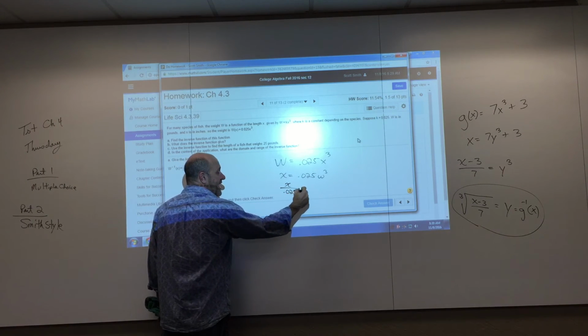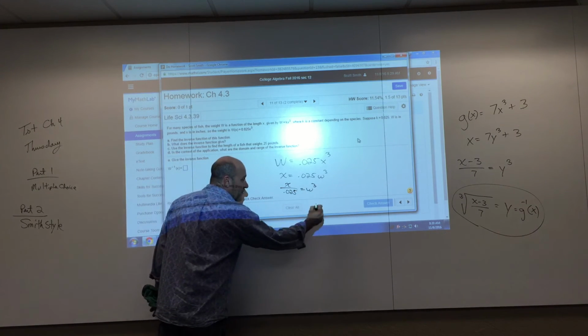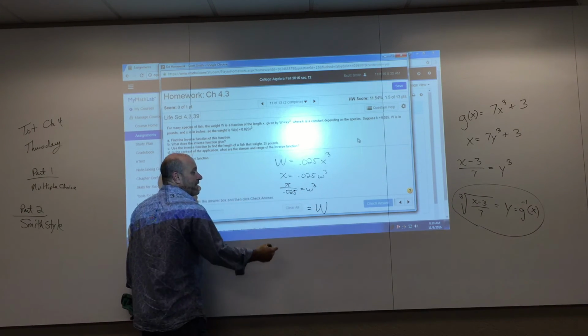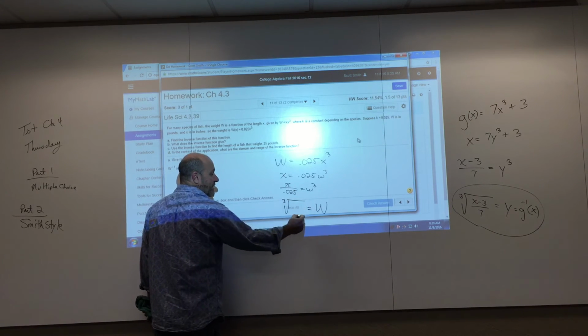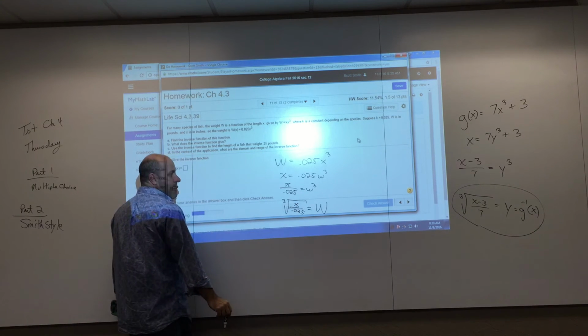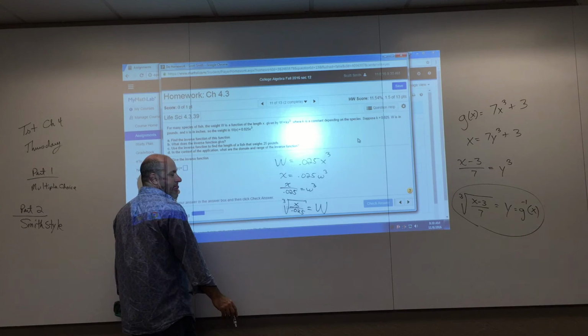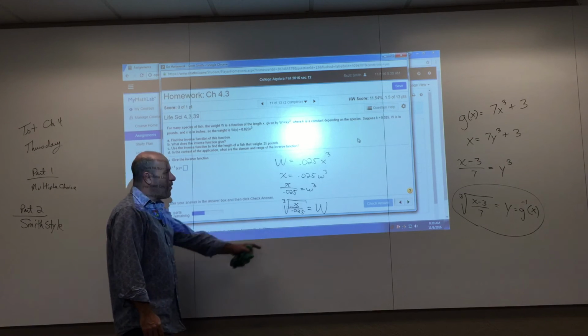Any other suggestions? Take the cube root of it. Now, this W, maybe I shouldn't use W. I think I'm confusing myself, because this is not weight anymore.